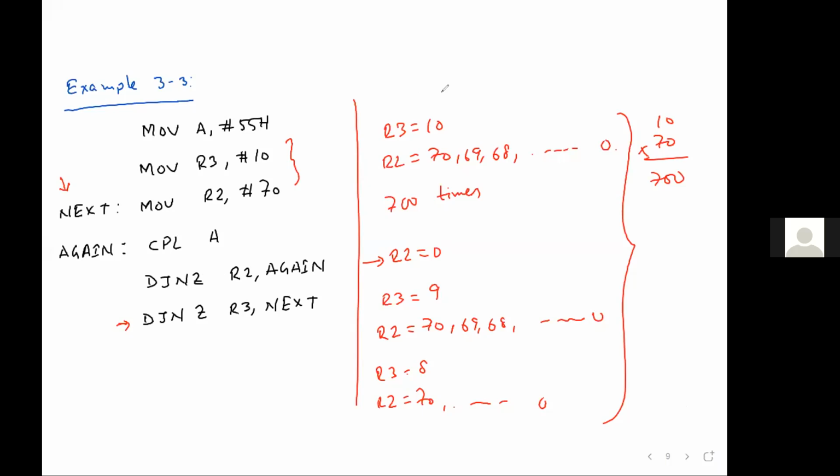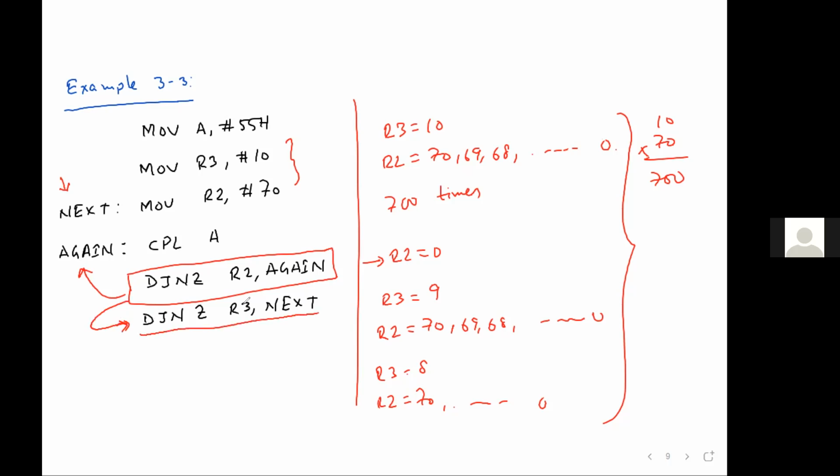You understood this portion. And R2 is 70. From here you will always go to this level as long as R2 does not become 0, isn't it? Yes, sir.